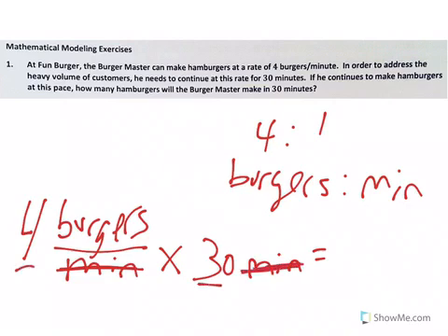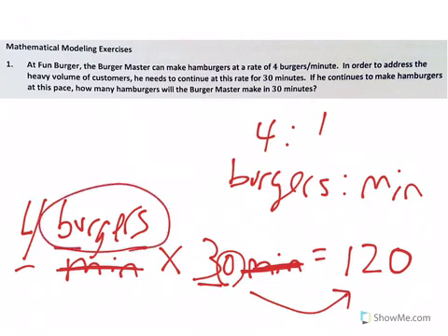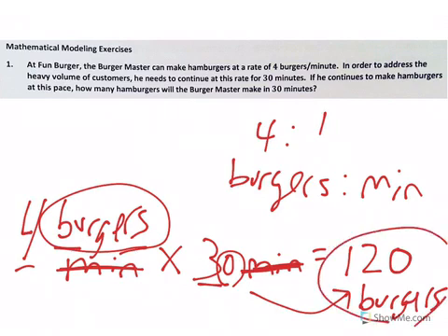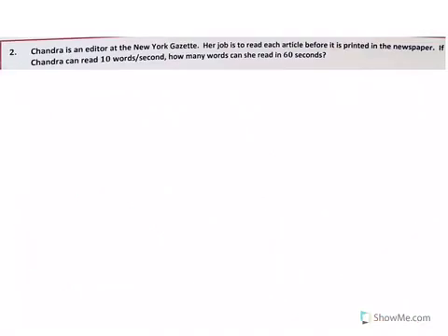I know 4 times 3 is 12. I still have a 0 left to bring over to add to that place value. 120, and then our only word left would be burgers. So in 30 minutes, he would make 120 burgers. That's one way to do it. I'm going to show you a different way, equally as good. You can choose which way you prefer on the next slide.